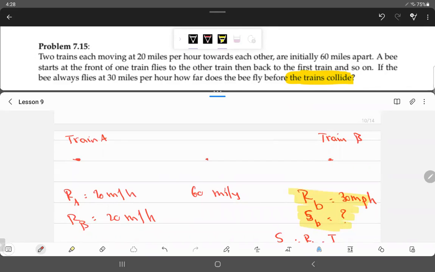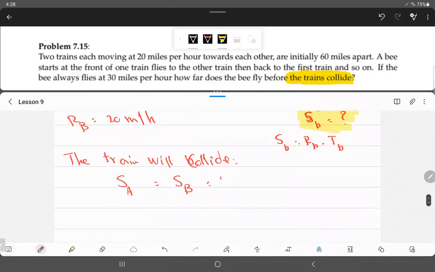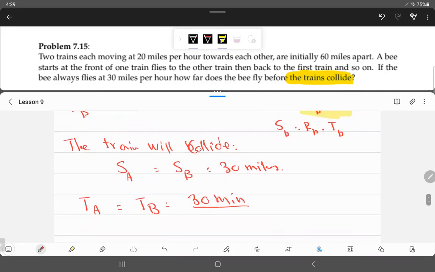It's 60 miles, so they're going to collide in the middle. So it's 30 miles. So what is the time? The time of A is equal to the time of B, which equals 30 miles divided by 20 miles per hour, which is 1.5 hours. Do you agree? So after 1.5 hours, they're going to collide. Is it clear?